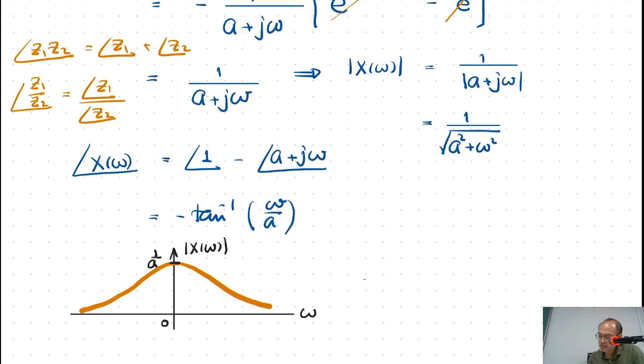And as for the phase, it's just minus arctangent of omega over a. So if you plot it, you would have this graph.